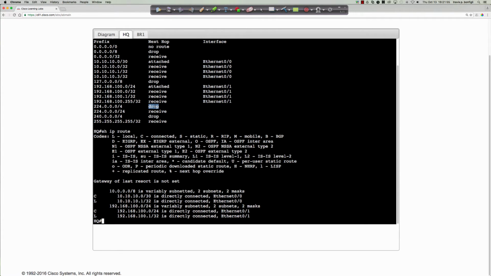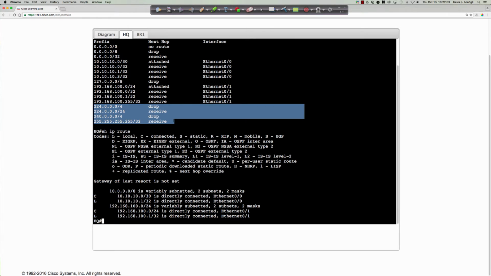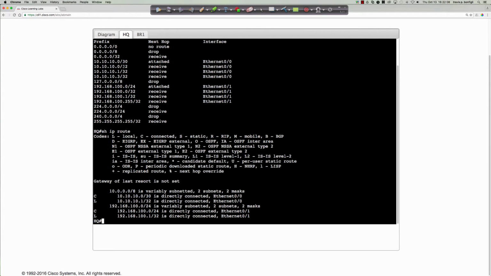Drop means just that. It's going to be dropped. And so there are also some pre-entered entries that you see here, 224, 240, some other entries that have already been pre-canned in here, the quad zeros, 0.0.0.0/8 and /32. So those are already entered in there for you.